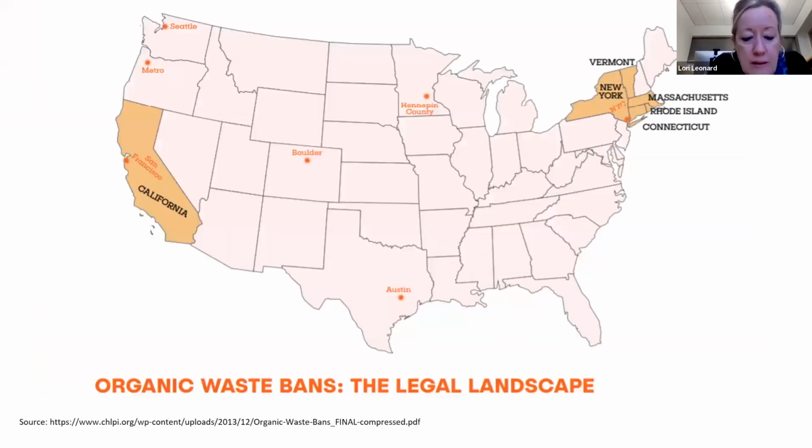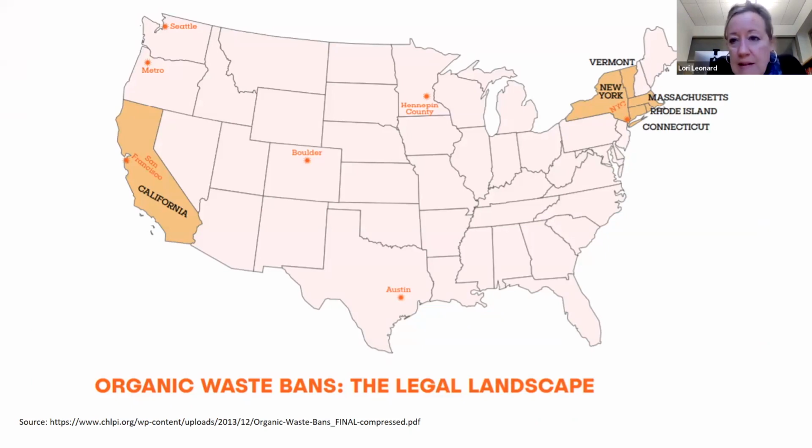In New York State, the policy environment for pushing experimentation on this front became much more favorable this year, as New York State became, on January 1st, the 6th state in the country to adopt a commercial organics ban.